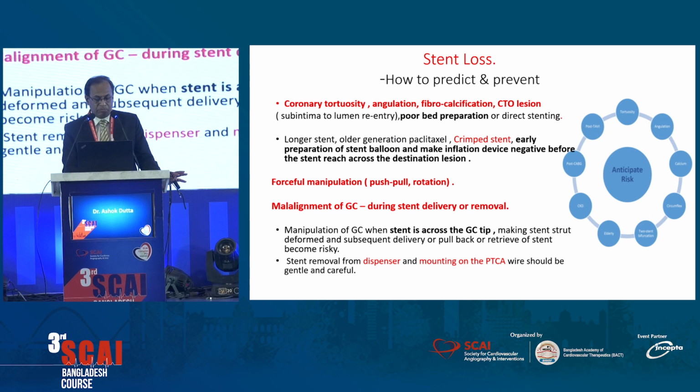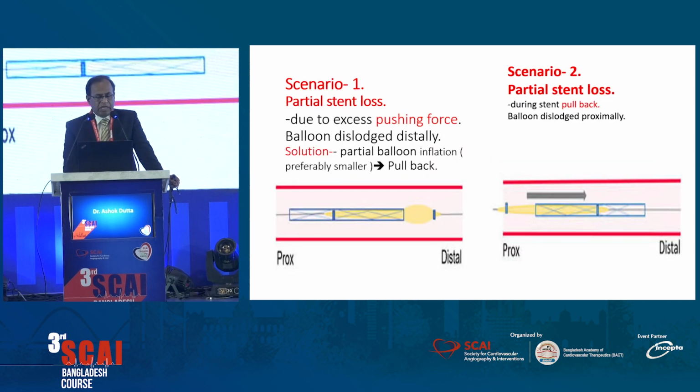Another important thing is malalignment of the guide catheter when the stent is removed from the coronary, or when the stent is delivered from the catheter to the coronary. That is an important issue that may deform the stent, and subsequently it may be lost from its balloon. So there are 5 scenarios that happen during stent loss.